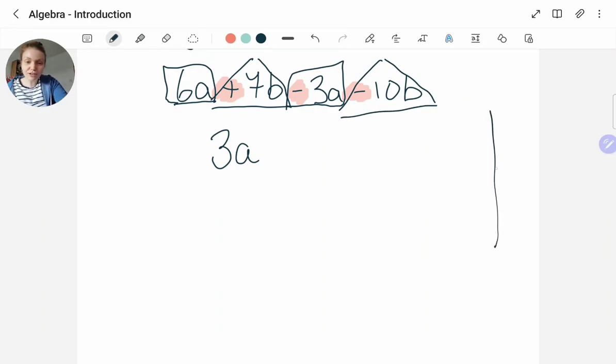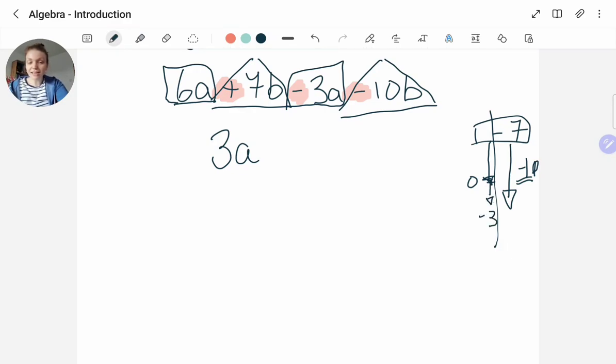So if you think of your little thermometer and you've got 7 up here and we want to subtract 10, we want to take away 10. Well, here we're going to have 0. So if we have got 7 and we want to subtract 10, 7 minus 7 is going to take us to 0. Minus 3 more is going to take us to minus 3.